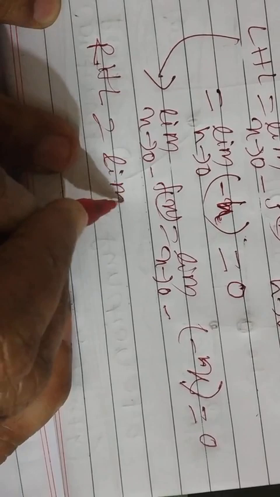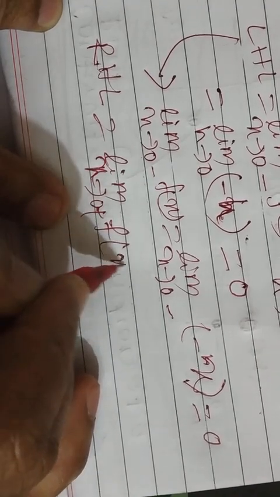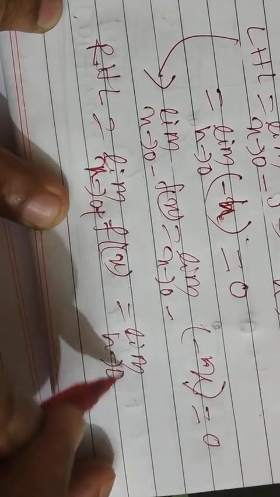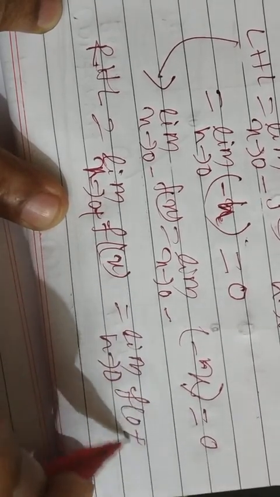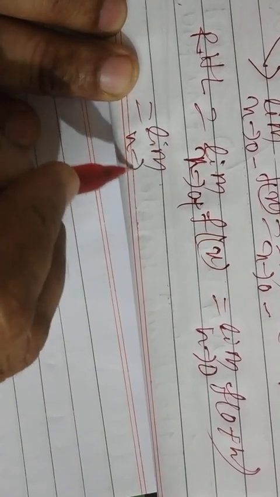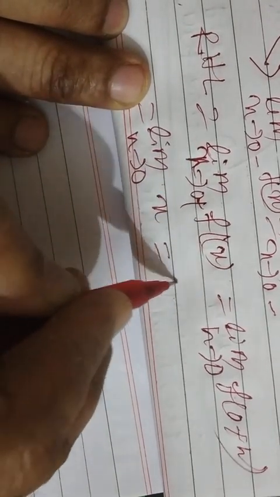It is limit x tends to 0 plus f(x), that is, limit h tends to 0 of f of 0 plus h. And what is it? It is x, which is 0.